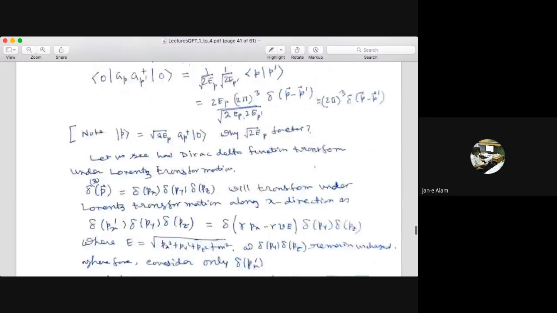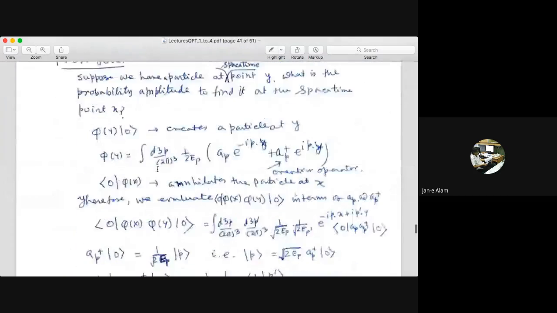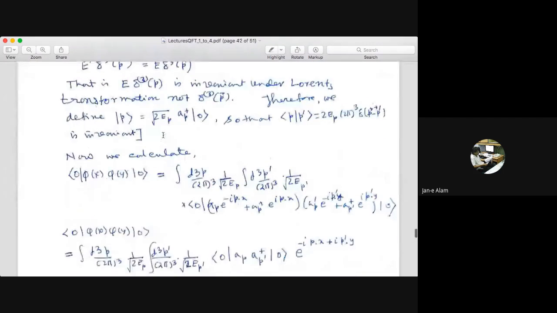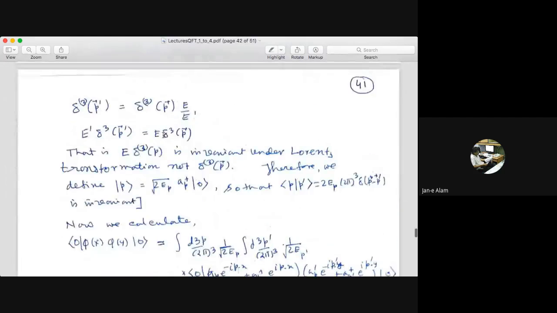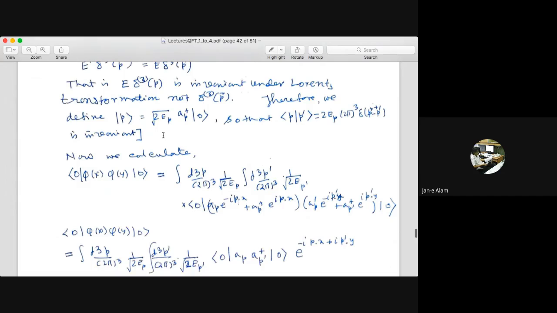So this normalization ensures that if I put a 2E_p here, that ensures the invariance. Okay, so that is the reason for putting that particular 2E_p.